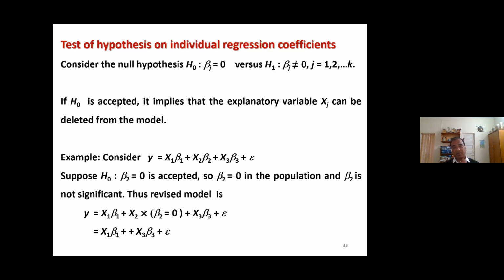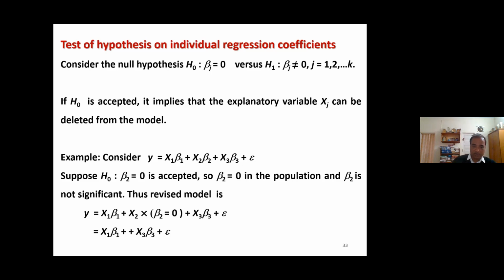So if H naught: beta j equal to 0 is accepted, that means the corresponding variable xj is not so important. For example, take this model: y equal to x1 beta 1 plus x2 beta 2 plus x3 beta 3 plus epsilon, and suppose H naught: beta 2 equal to 0 is accepted. That means beta 2 equal to 0 is valid in the population, so the corresponding variable is not significant.